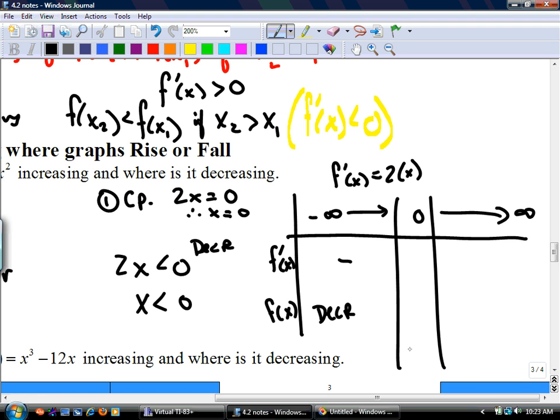Pick a number between 0 and positive infinity. E. 2 times e is a positive number. It is increasing over that interval. And at 0, it's a critical point, silly.